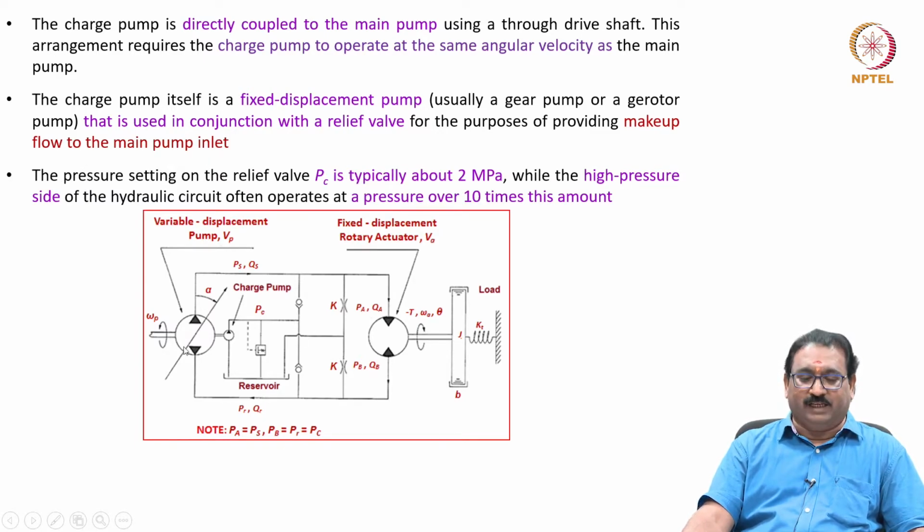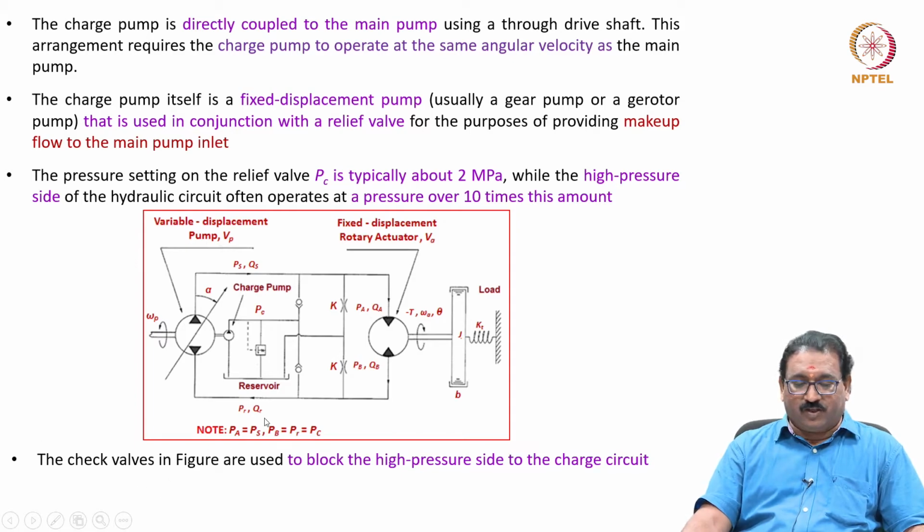The pressure setting on the relief valve, PC, is typically about 2 MPa, while the high pressure side of the hydraulic circuit often operates at a pressure over 10 times this amount. The check valves shown in the figure are used to block the high pressure side from the charge circuit.